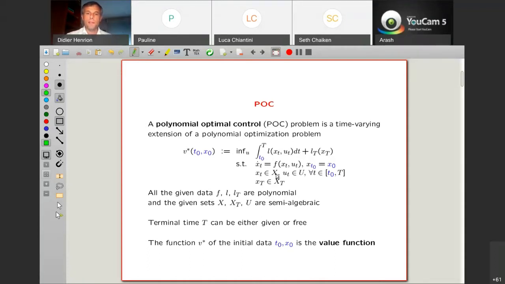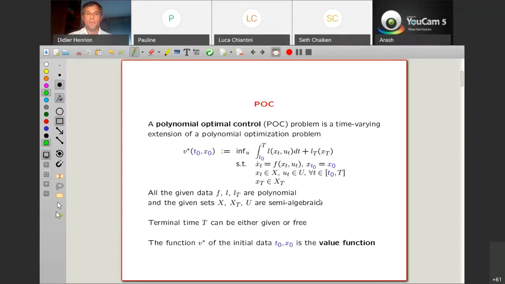The sets capital X, capital U, capital X_T are semi-algebraic, namely compact basic semi-algebraic sets, so intersections of finitely many polynomial superlevel sets. The terminal time capital T can be either given, fixed, or free.